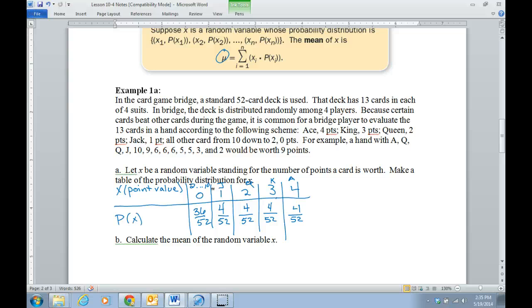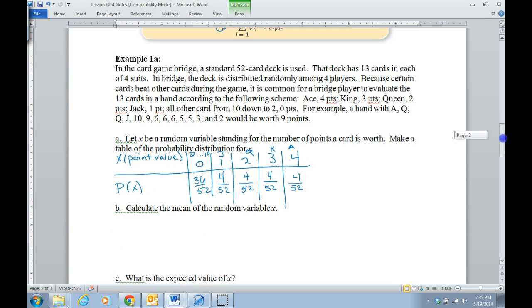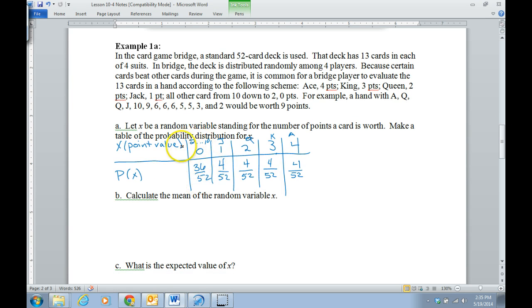The next part says calculate the mean of the random variable X. So all we're going to do is take each point value times its probability. We have 0 times 36 over 52, which is 0. Good.